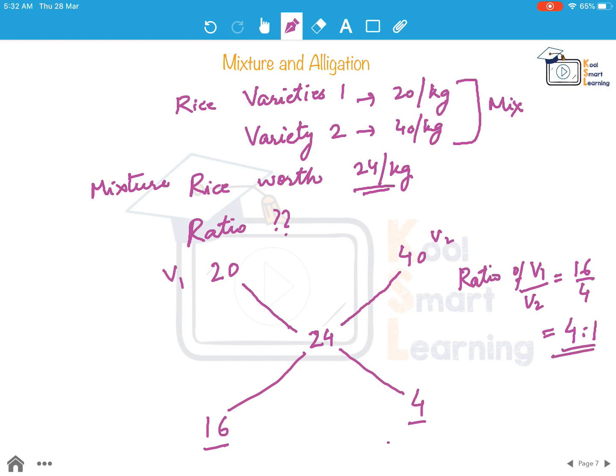So this is the ratio in which we will mix the two varieties, which means 20 per kg will be 4/5 of the mixture and 40 per kg will be 1/5 of the mixture. Variety 1 will be 4/5 of the mixture and variety 2 will be 1/5 of the mixture to give us the mixture rice, which has a cost of 24 per kg.